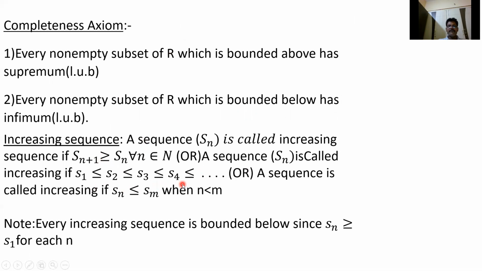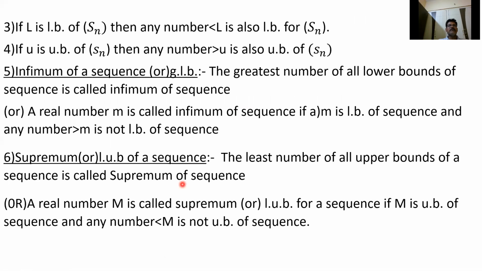Similarly, what is the infimum? The greatest of all lower bounds of a sequence is called the infimum of the sequence. In other words, a real number small m is called the infimum of a sequence if m is a lower bound of the sequence and any number greater than m is not a lower bound.